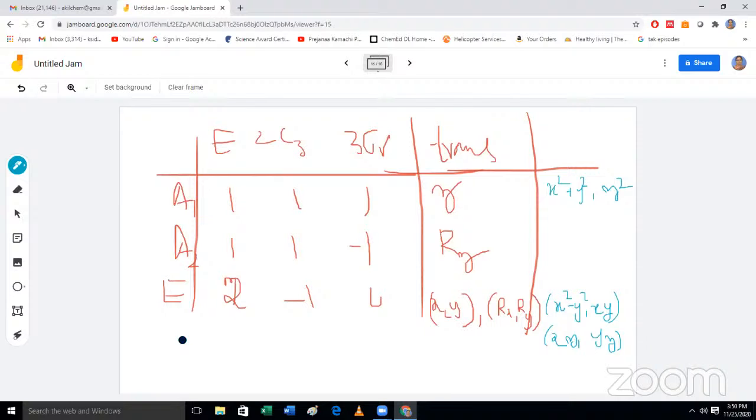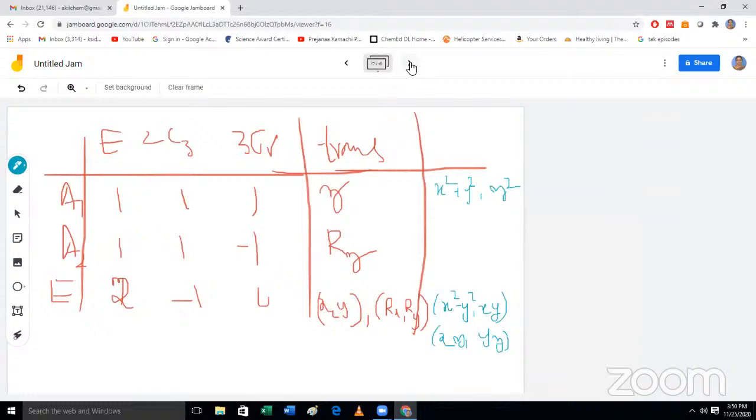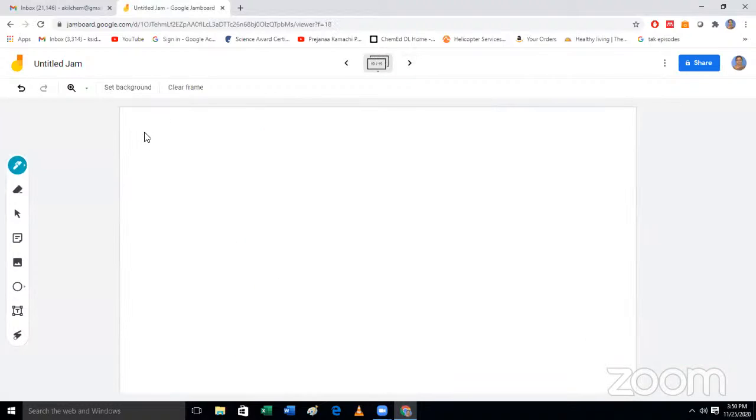Okay. Now we are going to see how to reduce the reducible representation to irreducible representations. Reduction formula. Now we are going to see the reduction formula.